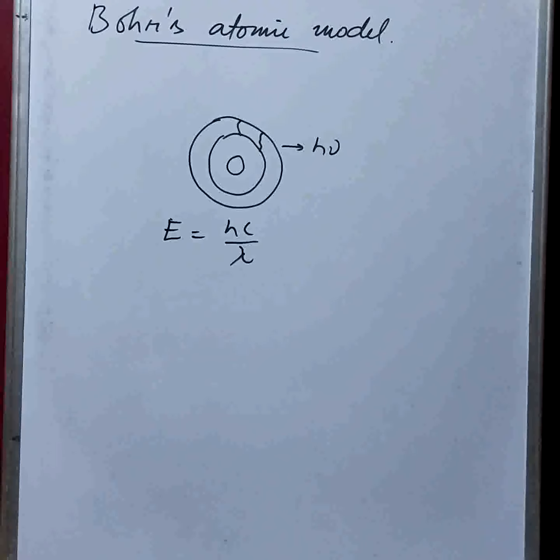His theory failed to explain the splitting of spectral lines in magnetic fields, the Zeeman effect, and in electric fields, the Stark effect, and the dual nature of matter, like light behaving both as a particle as well as a wave, could not be explained from his atomic model. So those were some of the limitations of Bohr's atomic model.